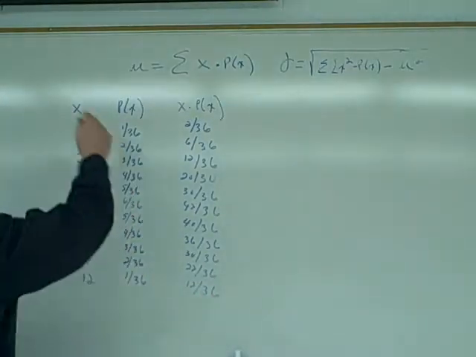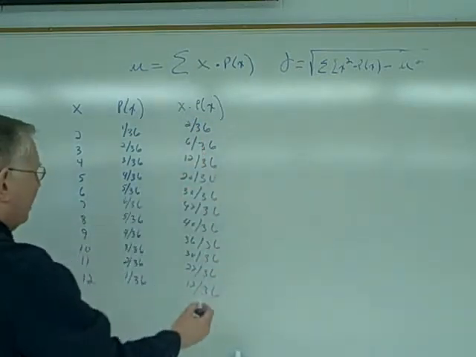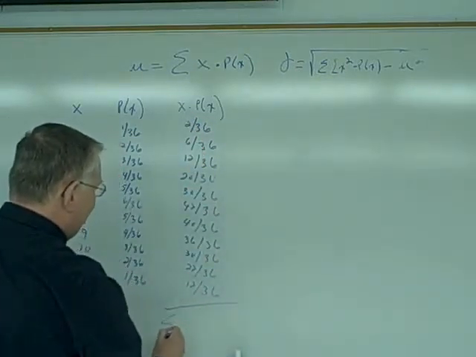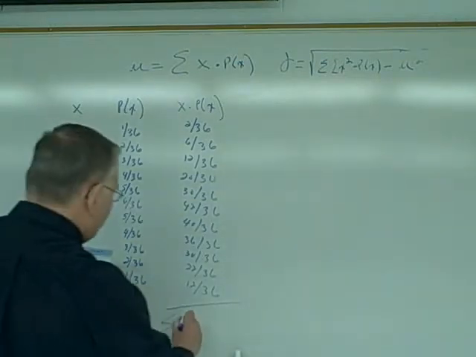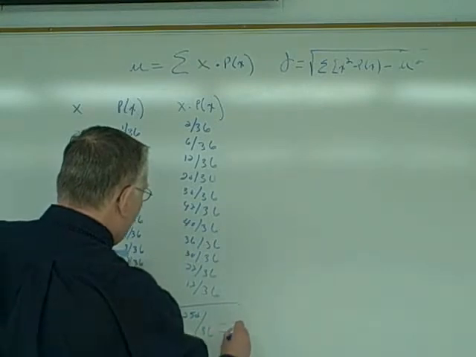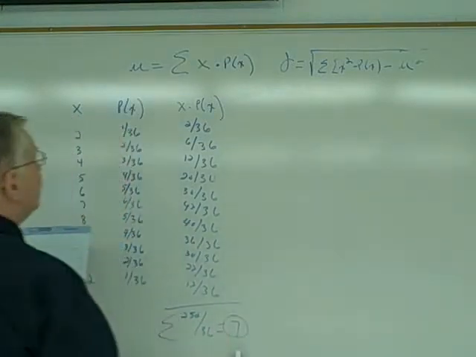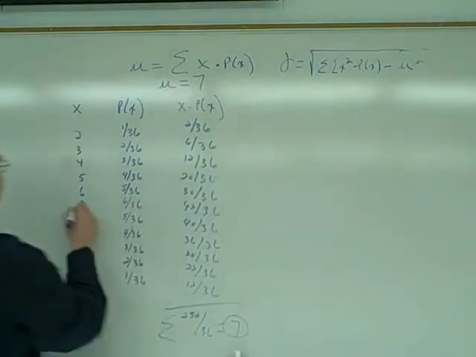So those are all the x's times the probability of that x in this column. And if I add those up, I am going to get 252 over 36, or 7. So the mean of this probability distribution is 7.